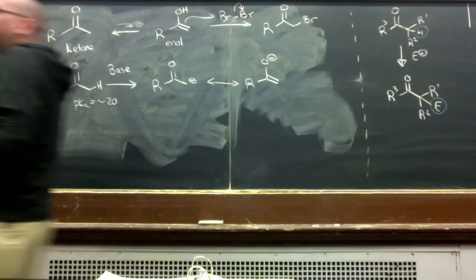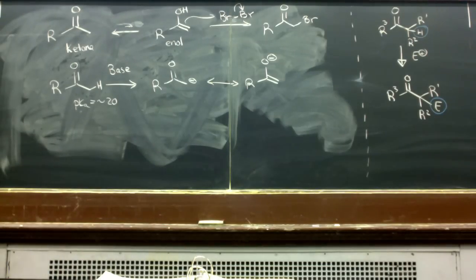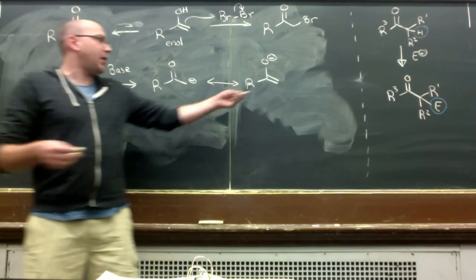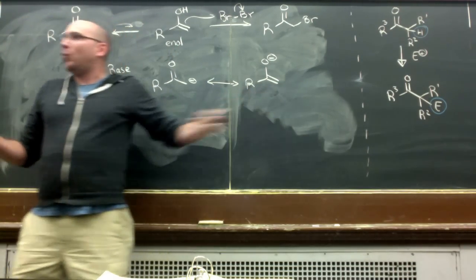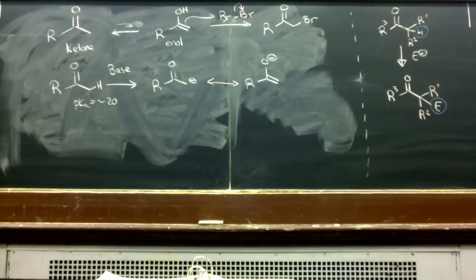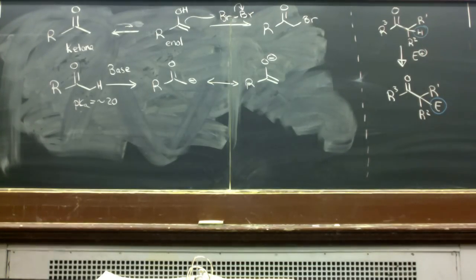At this point, we have two forms. As you might imagine, just by looking at these, this is probably the one that exists more, because the oxygen is more electronegative and holds onto that negative charge a little bit more.